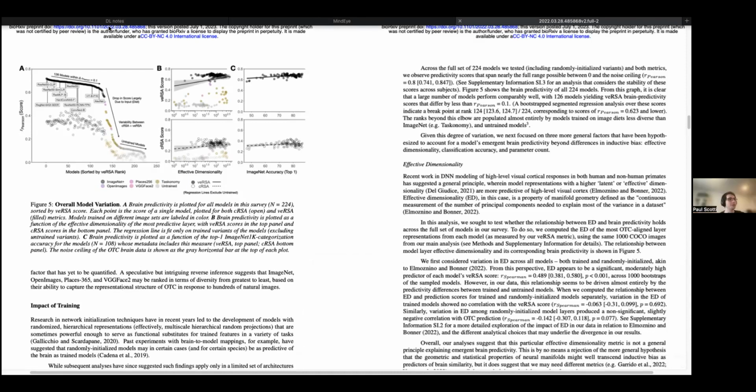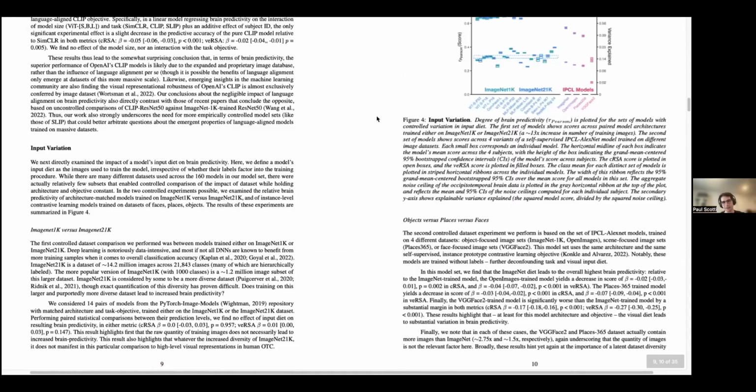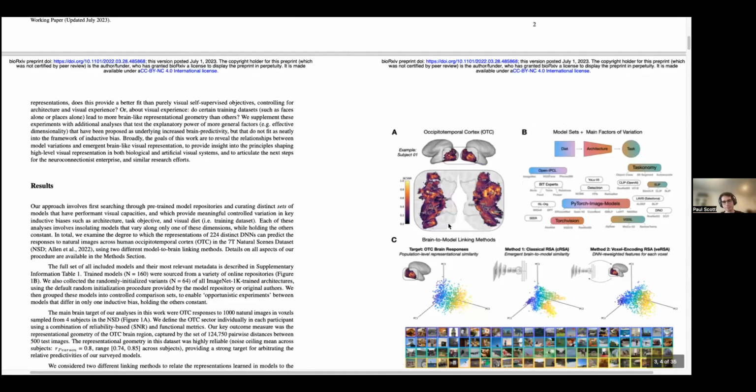I know that includes regions of the brain that are specific to objects, places, faces, but it's not like they specifically looked at ROIs of specific brain regions like fusiform face area, parahippocampal place area, modular areas of the brain that are known to specialize in a specific kind of image processing. I wonder if that would change things.